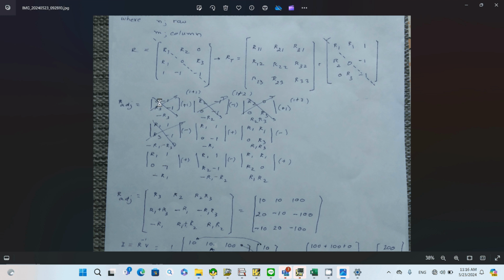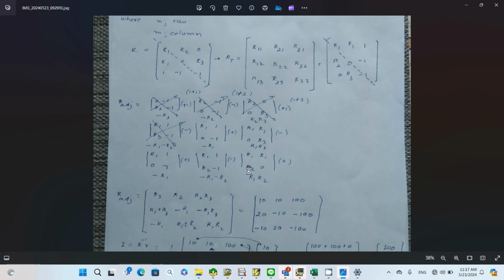And you look for the determinant. That's 0 multiplied by negative 1 gives you 0, and minus negative R3. This is supposed to be a positive, sorry, my mistake again. And this is negative 1 to the power of an even number. That gives you positive, negative, positive, negative, positive. You can work on that as well.